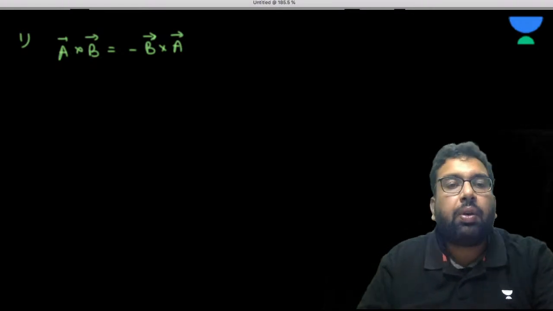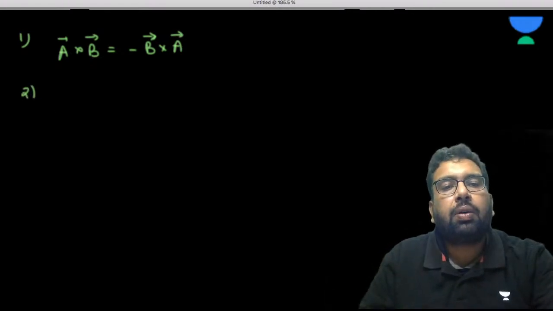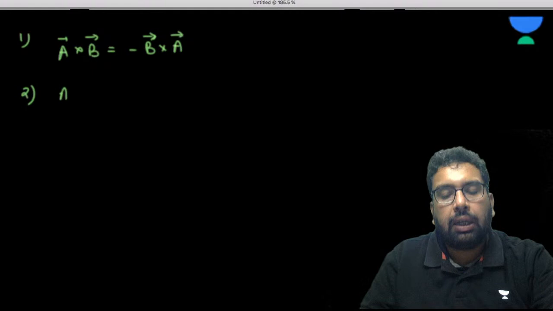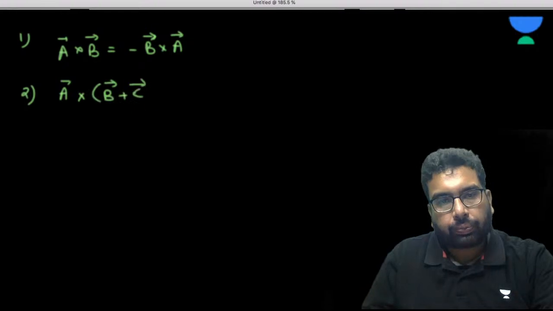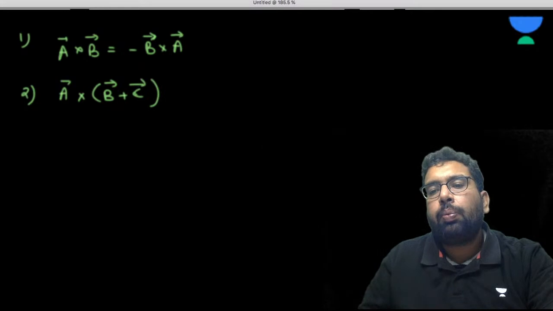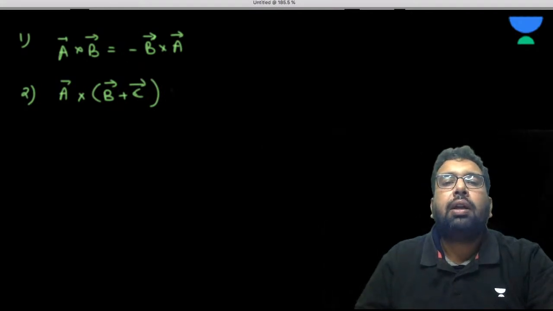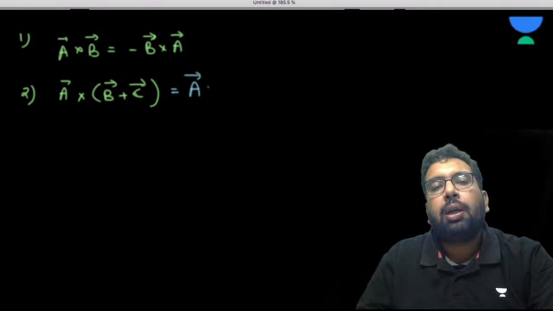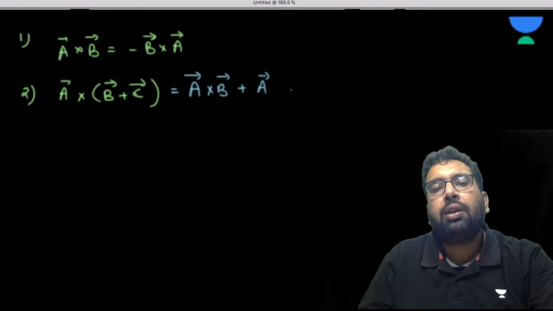Then second, the vector cross product obeys the distributive law. What does that mean? That means you can take this cross product just like algebraic multiplication within this bracket, and we get this.